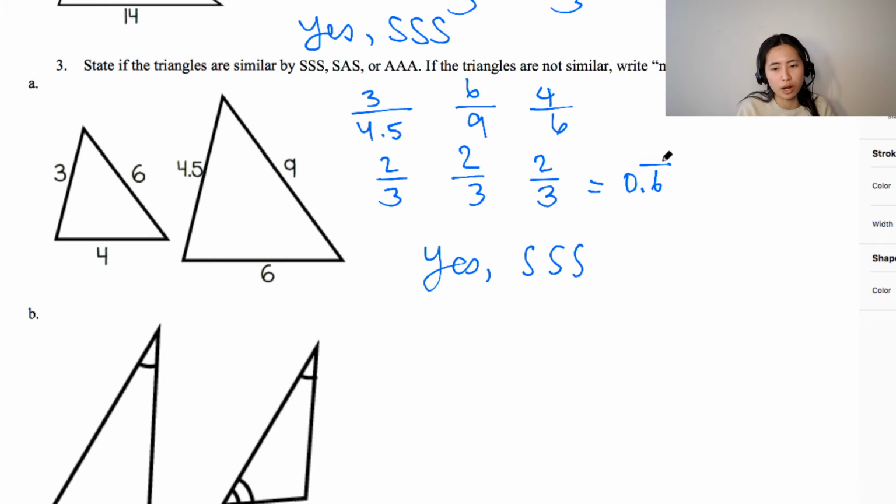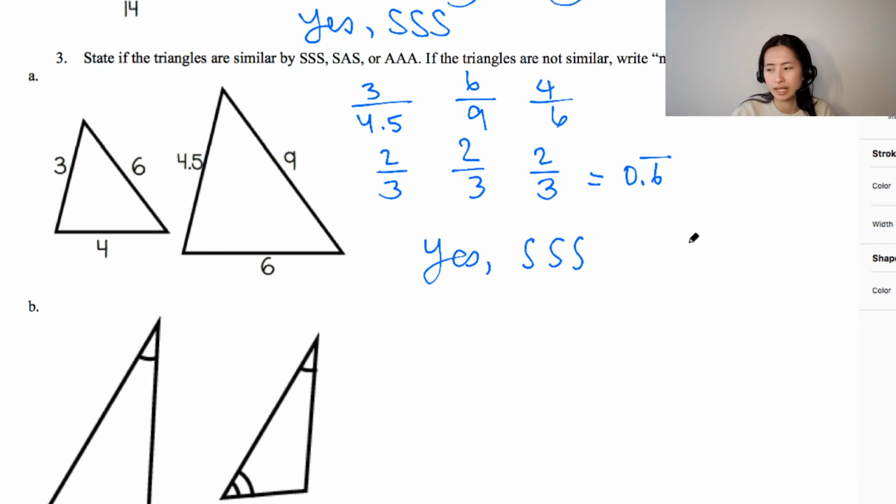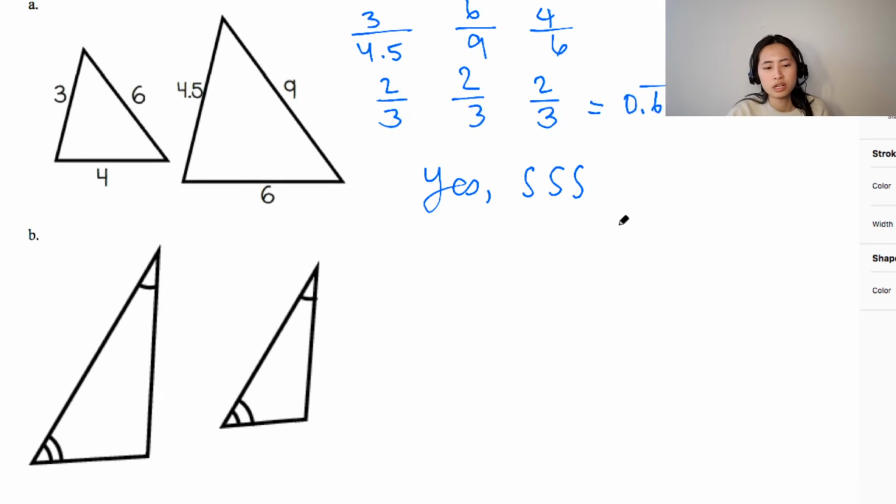So that's fine too. You can always express your answer in terms of decimals. At the end of the day, you just want to see if they're proportional, and that's why I'm recommending converting to fractions, because you don't have to deal with the decimal counterpart. But both are acceptable. As long as you prove that all three are 0.6 and the 6 is repeating, that's fine too.